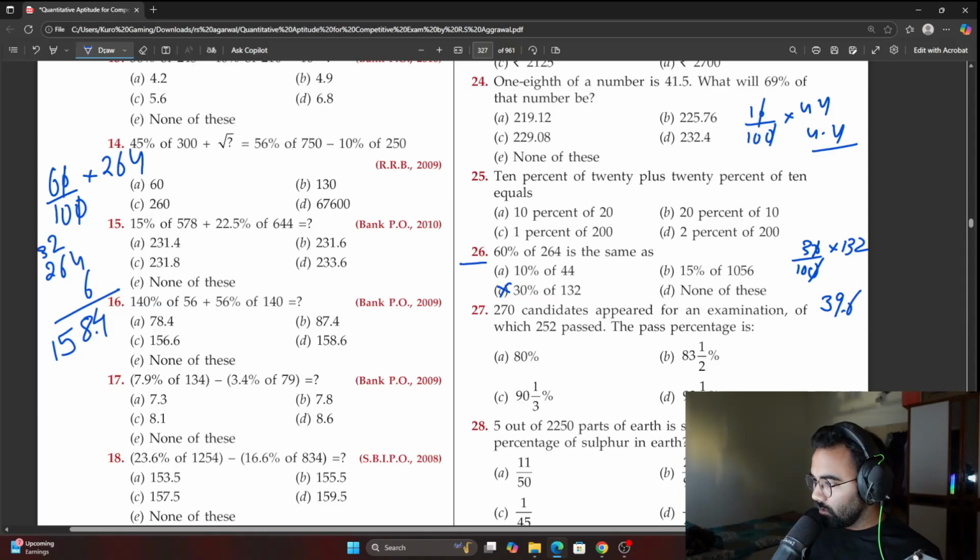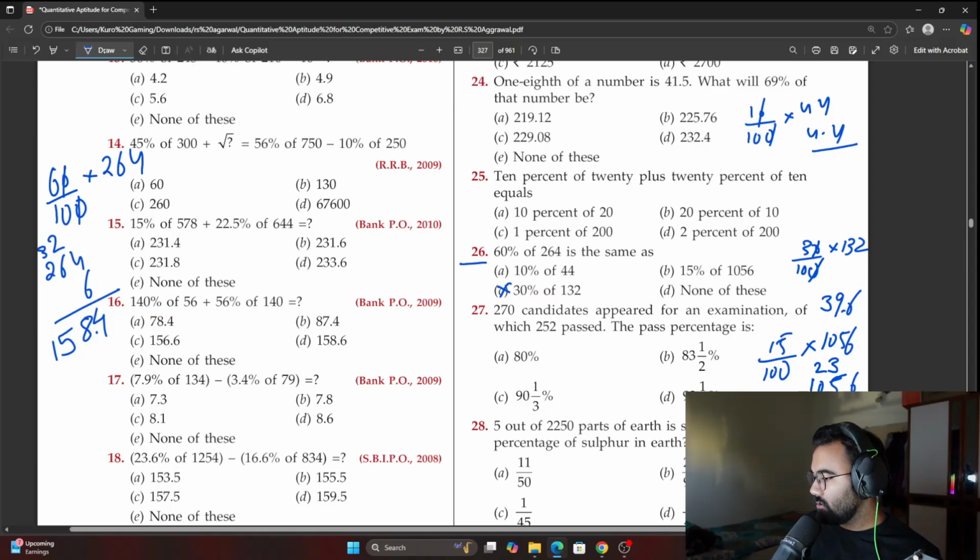Let's check this one. 15 upon 100 into 1056. Maybe this one. 1056 into 15. This is multiplication. 10560. 6 5s are 30. 5 5s are 25. 25 plus 3 is 28. 5 0 are 0. 5 1s are 5.